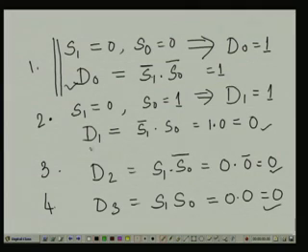D1 will be high when S1 is 0 and S0 is 1, and at that time the other outputs D0, D2, D3 will be logic low, or logic 0. Similar thing will happen for D2, D3 also.